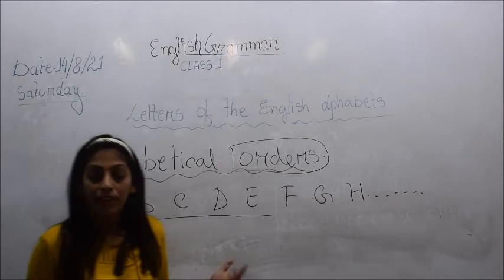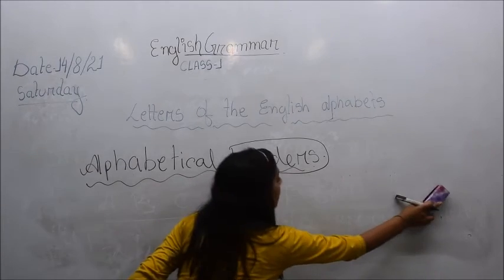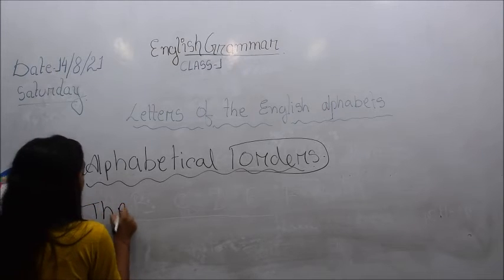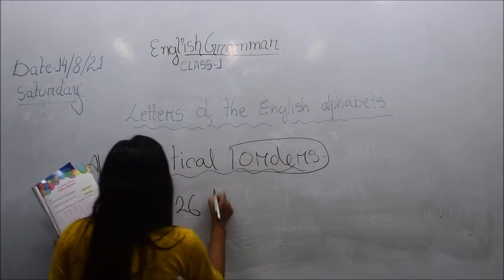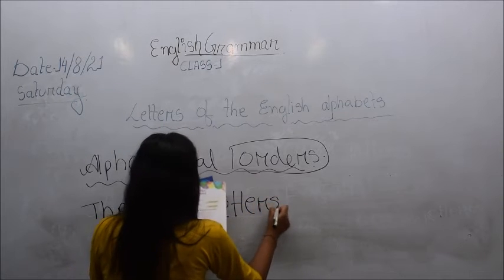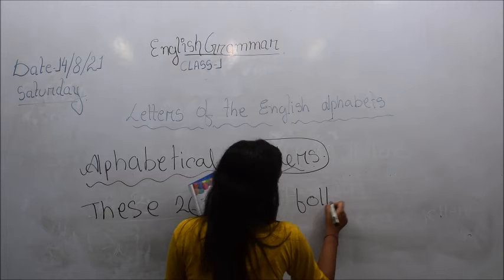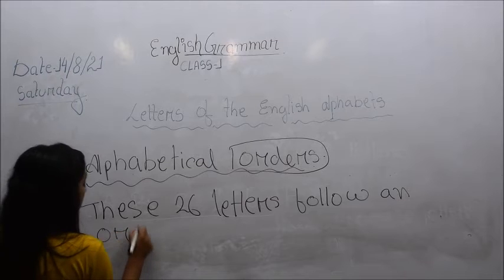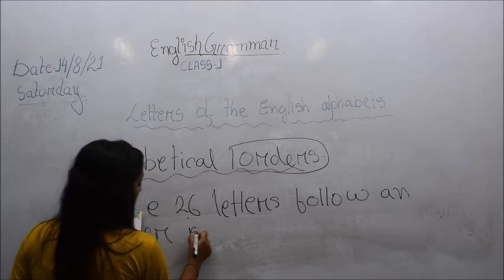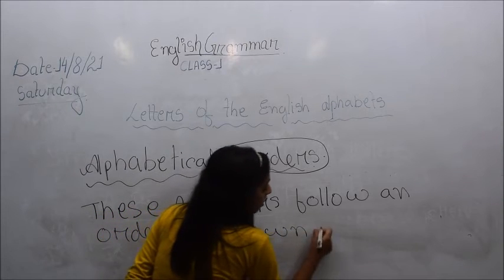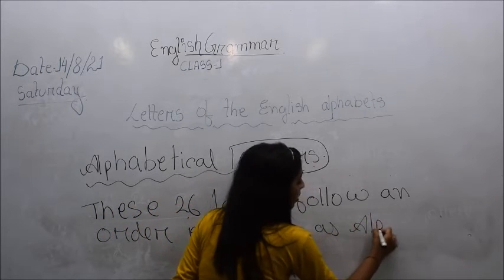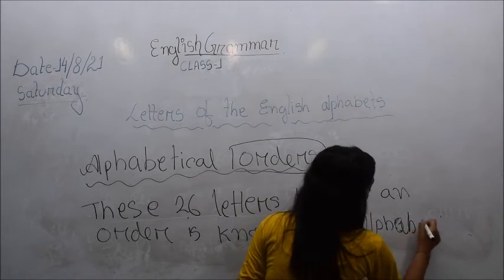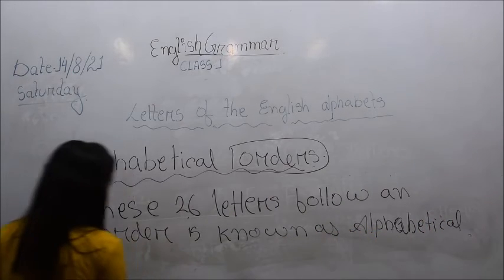So we will see the definition of alphabetical order: these 26 letters follow an order is known as alphabetical order.